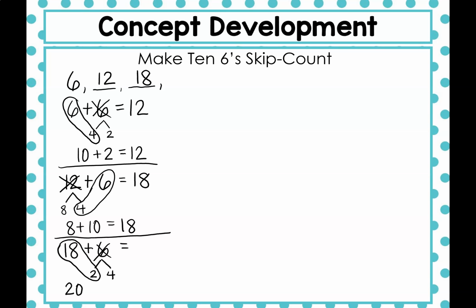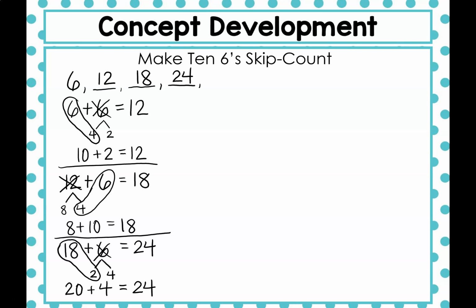It's not the number 10, but it is a 10 because it ends in a 0, so it's easier to add. Okay, and then we have our 4 left over to add. So we have 20 plus 4, which equals 24. So 18 plus 6 is 24, and that's the next number in our skip count. Okay, let's do another one.